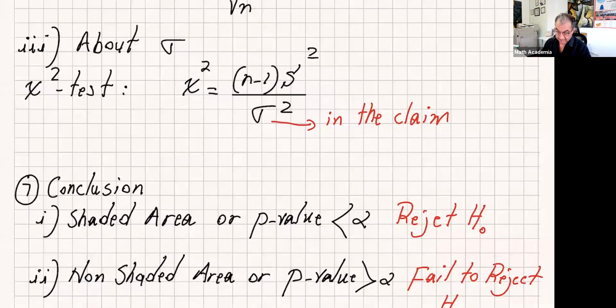Step number 7 is the conclusion. So now we're gonna learn about p-value. Once I do examples, I'm gonna tell you.